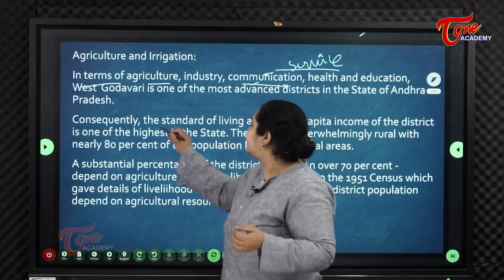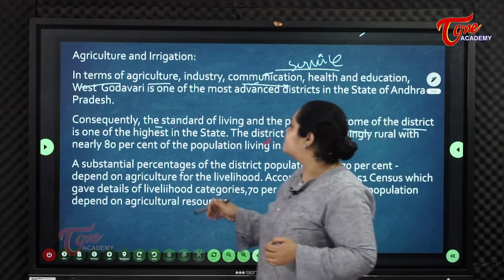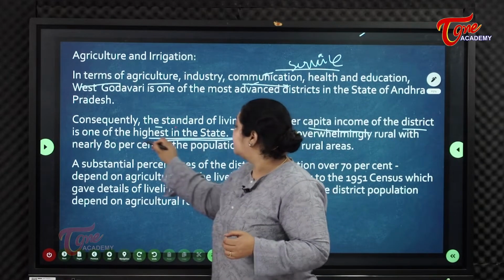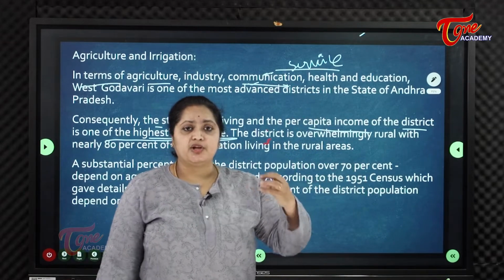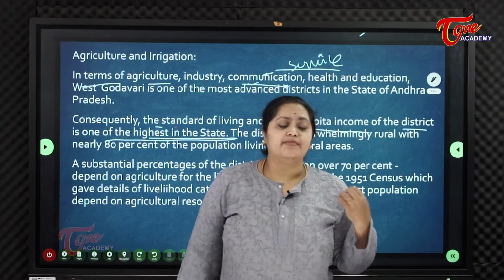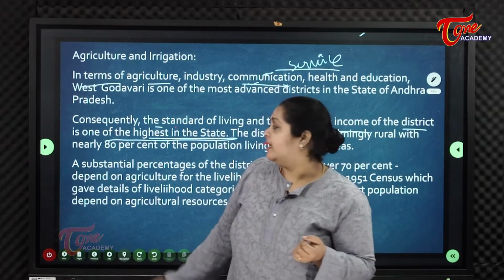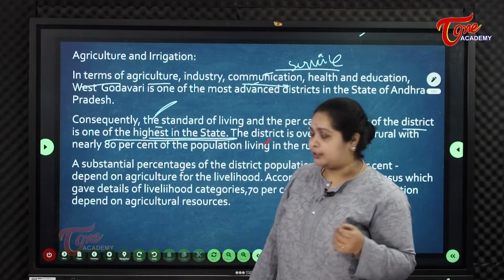Consequently, the standard of living and the per capita income of the district is one of the highest in the state. As it is one of the topmost districts in terms of agriculture, industry or service sectors, it has the highest per capita income in the state.